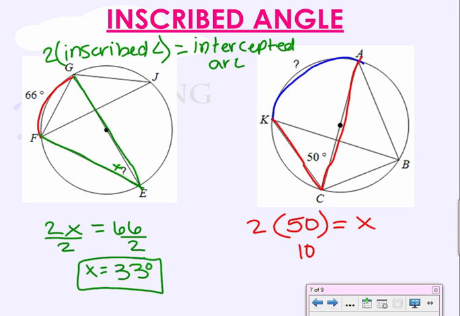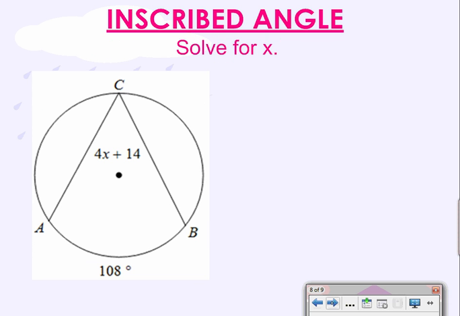So I'll have 100 equaling my intercepted arc. Remember to put your degree symbols. So if you have any questions, pause the video, go back, watch it a few more times. If not, we're moving on.